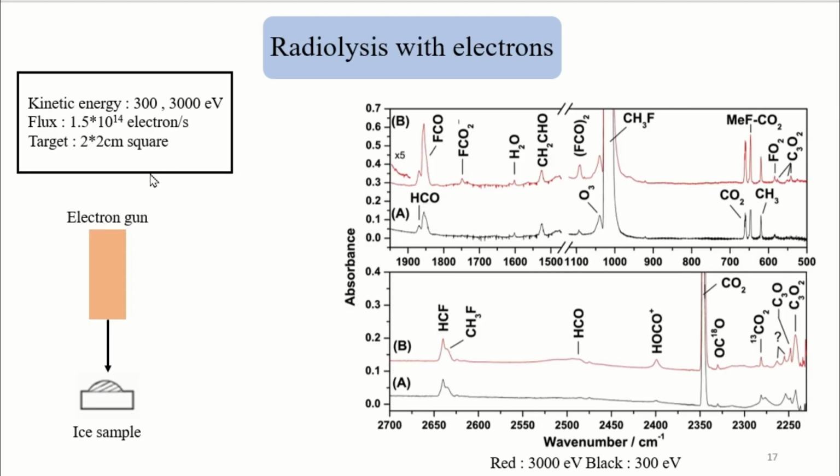The parameters of the electron gun: the kinetic energy is set to 300 or 3000 electron volts, with a given flux of electrons per second. The target area is 2 by 2 square. This is the IR spectrum of radiolysis with electrons. The red line is 3000 electron volts and the black line is 300 electron volts.